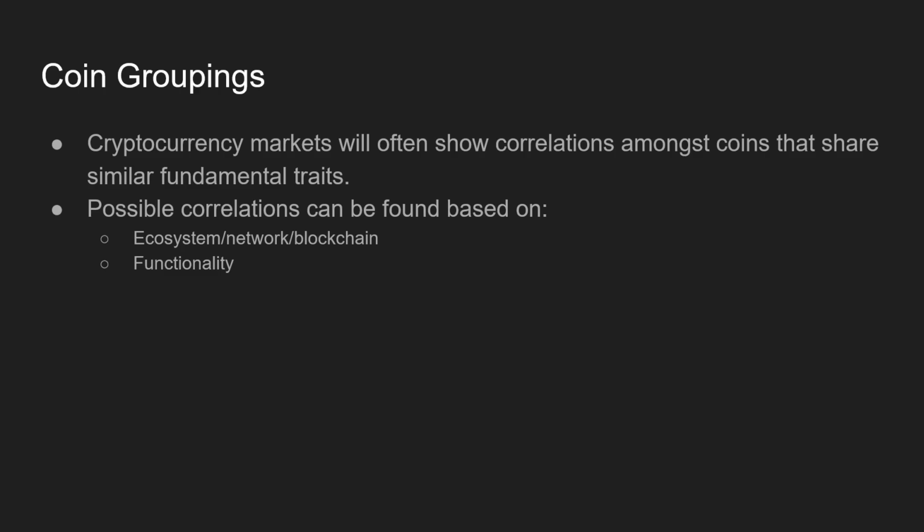We might also see that in terms of NFTs, where if there's something going on with NFTs, possibly overall increased usage in NFTs, we might see a correlation amongst coins that operate within asset management or possible DeFi gaming in relation to those NFTs.